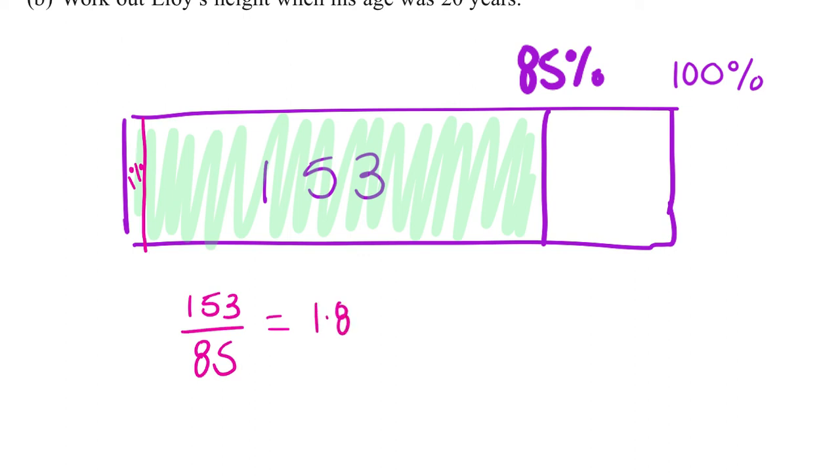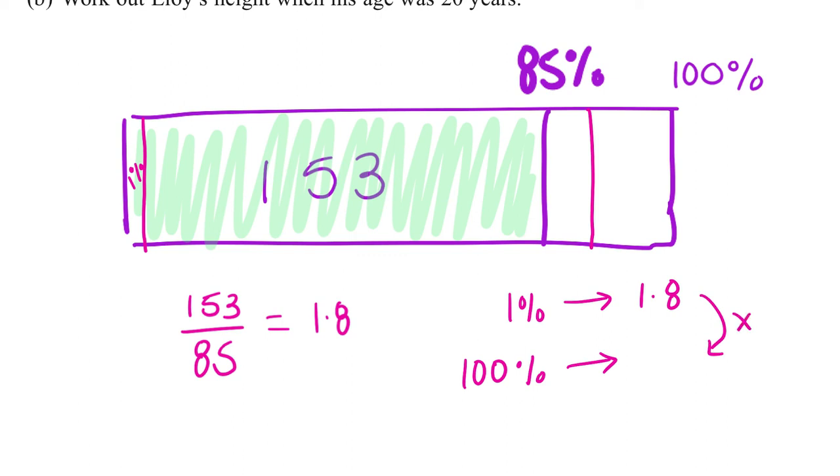So that means 1% is 1.8. So how do I now find 100%? Yeah, I could find out what 5% is and 10% and add them together. Or if I know that 1% is the same as 1.8, 100% is 100 times that. So we're going to multiply 1.8 times 100, which is 180 centimetres tall.